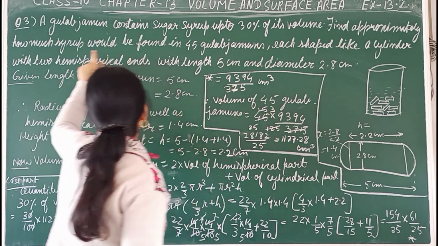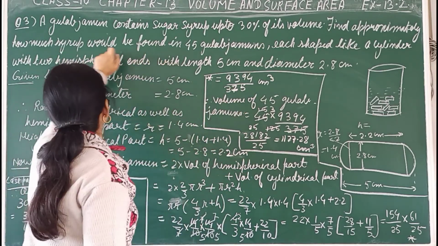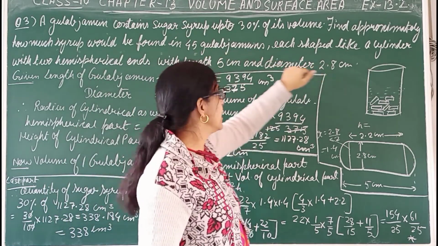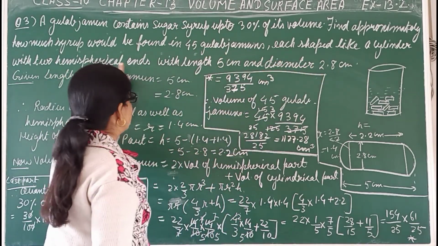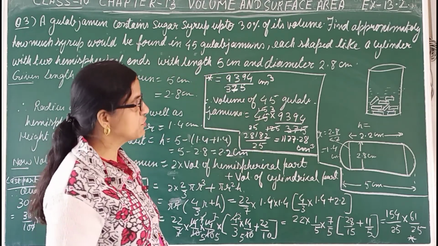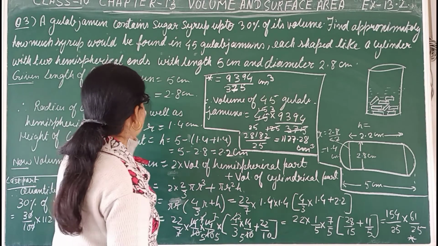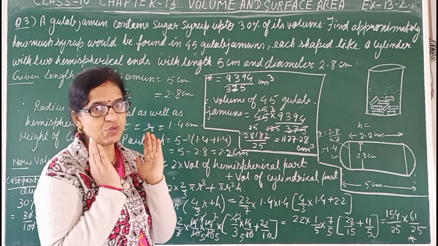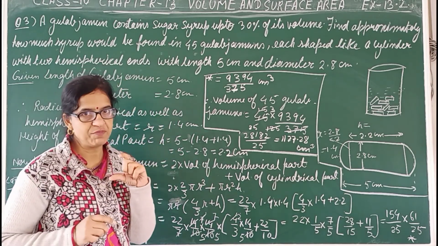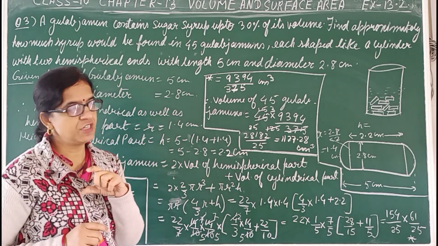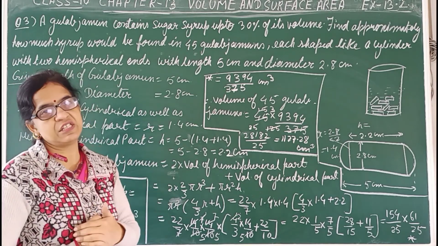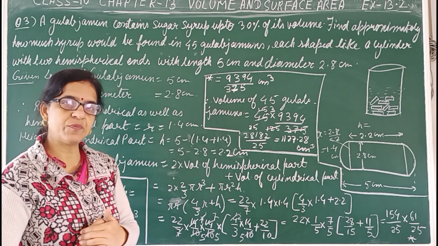Find approximately how much syrup would be found in 45 gulab jamuns, each shaped like a cylinder with two hemispherical ends and length 5 cm and diameter 2.8 cm. So the total length of the gulab jamun is 5 cm and the diameter of the gulab jamun is 2.8 cm. So we have to find the quantity of the sugar syrup, which is 30% of the volume of the gulab jamun.